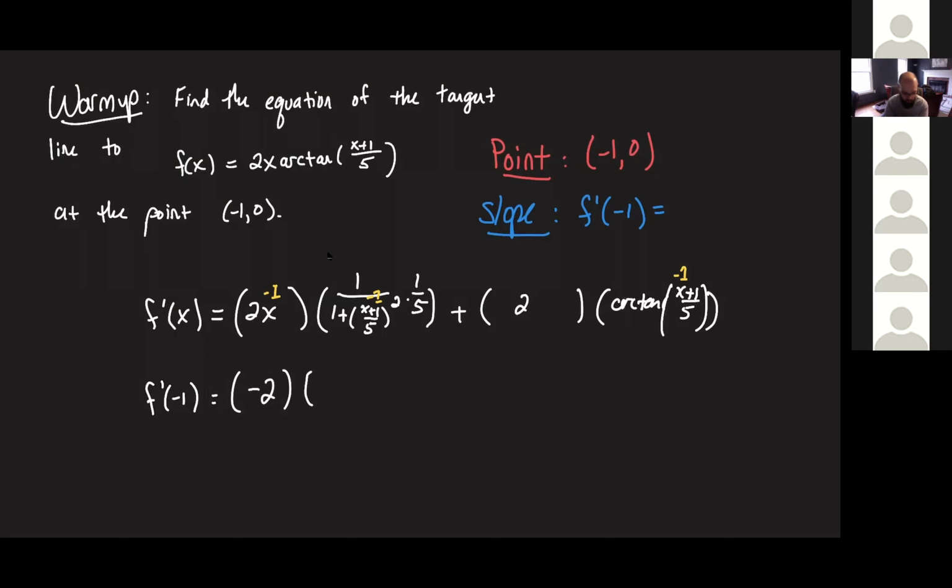So that's all going to go away. And then I'm going to be left with, in this spot right here, 1 over 1. So this is just 1 times 1/5. And so what I get over here is 1/5 plus 2 times arctangent. Now, again, arctangent of negative 1 plus 1 is 0. So this is all going to be 0. So I get 2 times arctangent of 0.